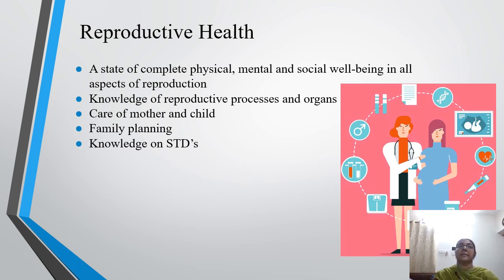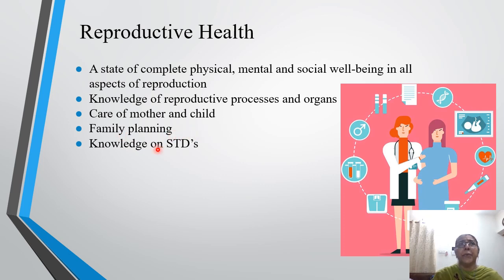So next it is reproductive health. Like the normal health condition, when we talk about health, we call it a state of complete physical, mental, as well as social well-being. So reproductive health is complete physical, mental, and social well-being in all aspects of reproduction, and the knowledge of reproductive processes and organs, and care of mother and child come under this.